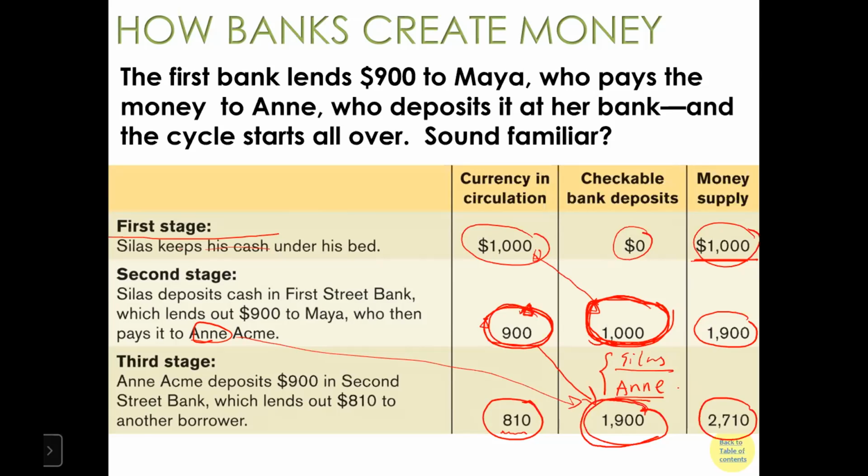both Anne and Silas come to the bank and say, I need my cash. The total cash they need is going to be 1,900. And where will the money come from so that the bank can serve these two customers?